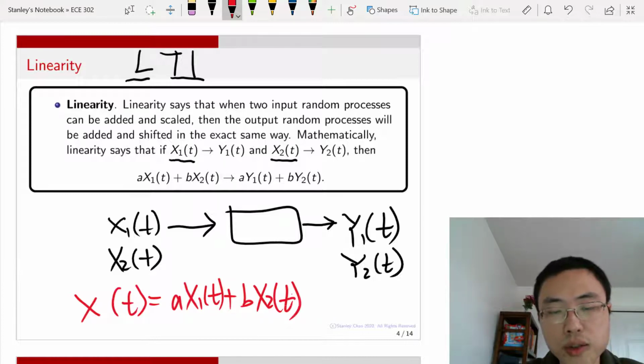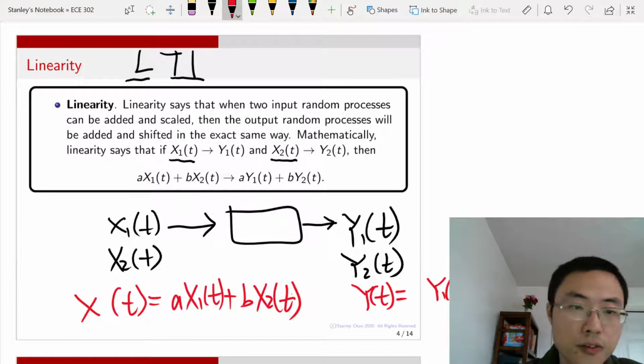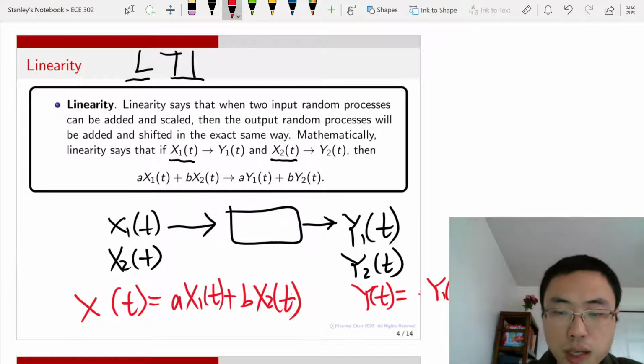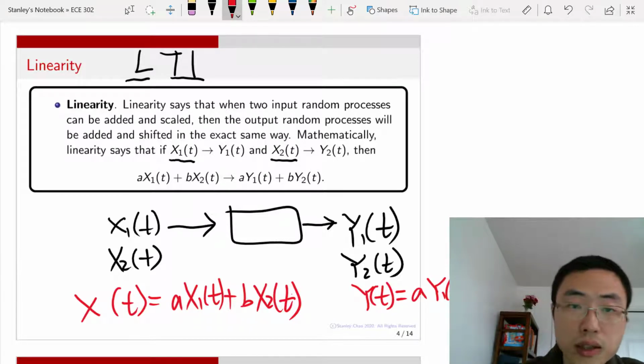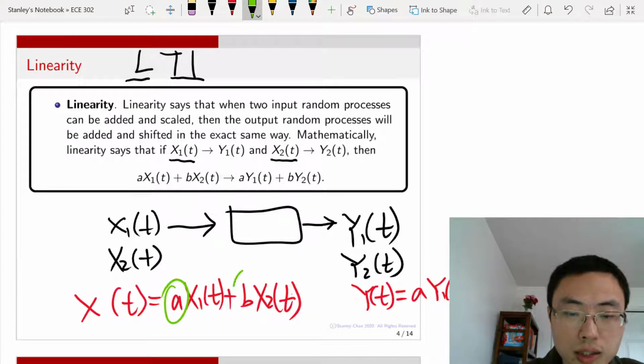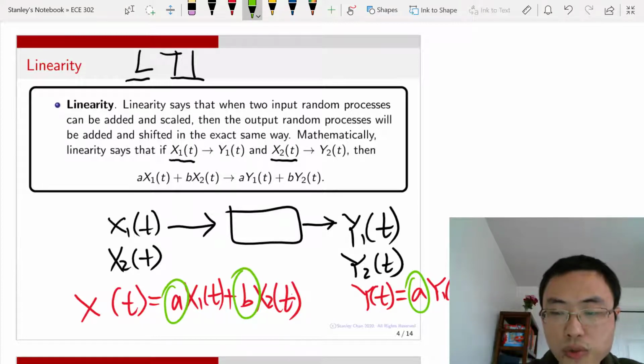As you send this overall signal x of t through this system, what you're going to get is y of t that is going to be a linear combination of y1 of t and y2 of t. And if it is linear, then you will have a and b. In other words, this a and this b will be preserved as it goes through the system.